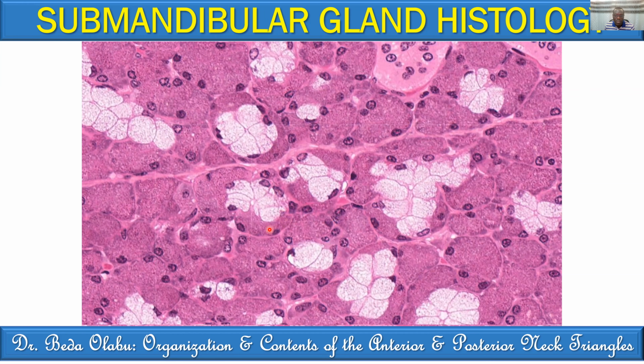That's a serous demilune, just a crescentic cap of serous cells over the mucus acini. This is very unique for the submandibular gland. It is one of the things we see on histological slides of the submandibular gland.